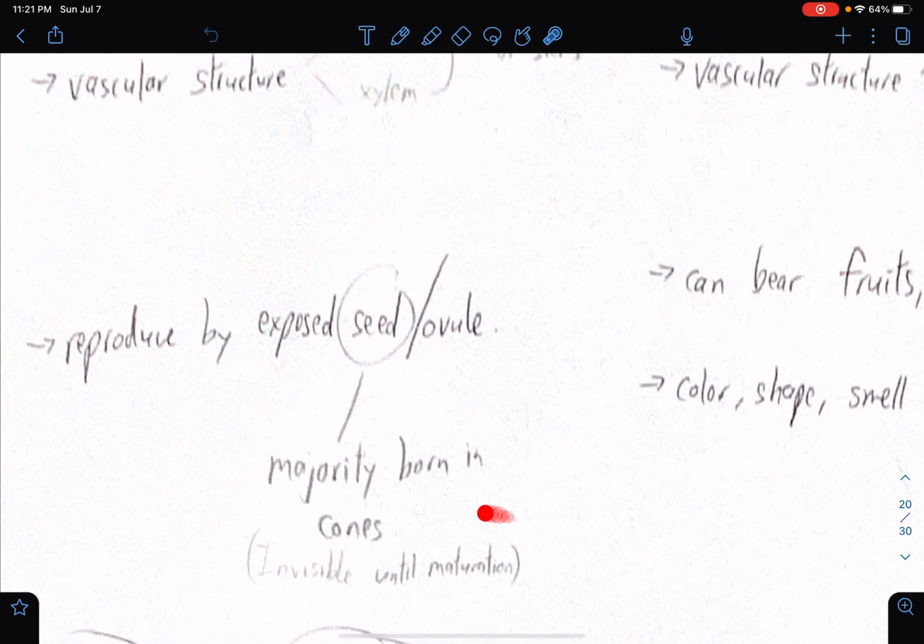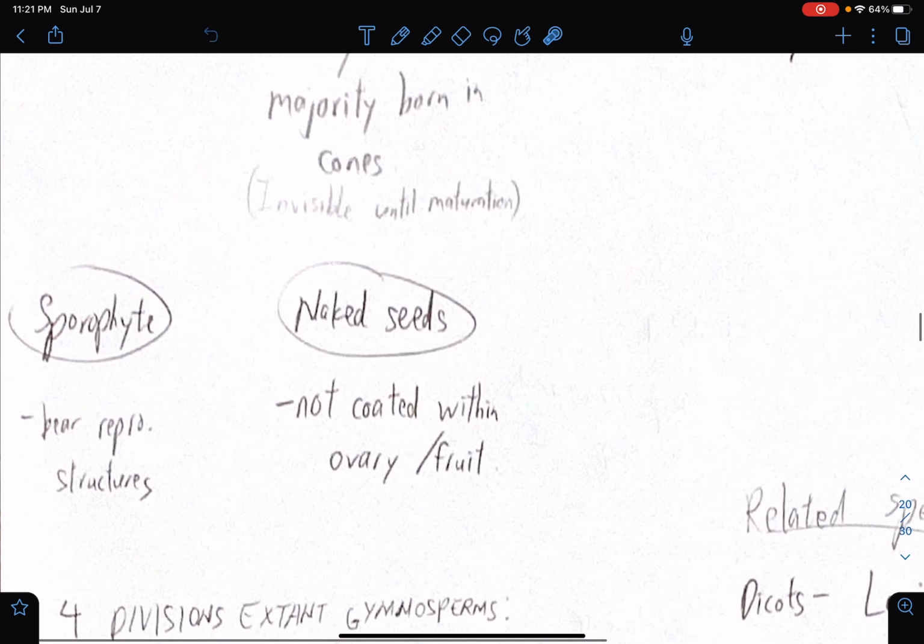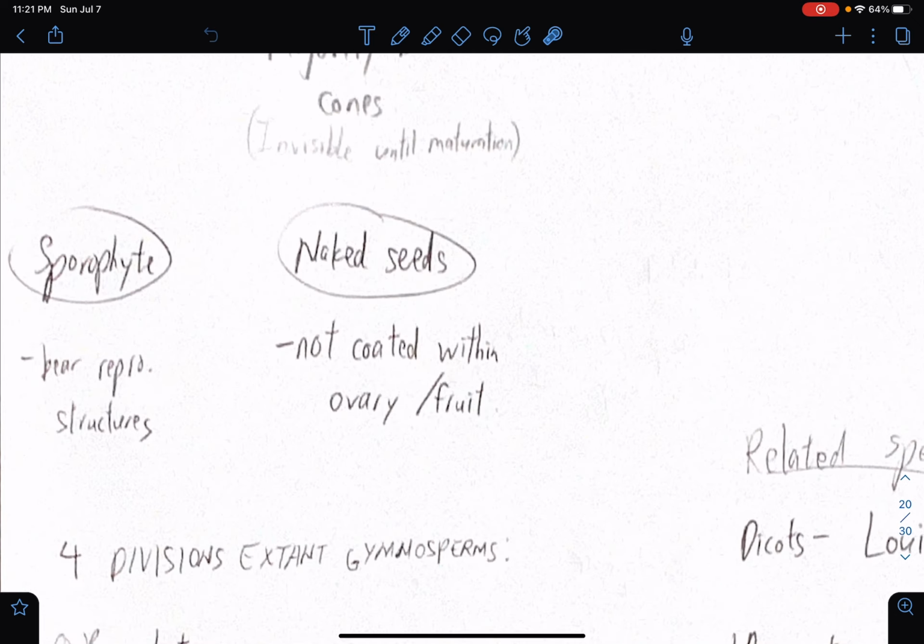These cones are invisible until maturation. So what does a sporophyte mean? It's a part of the gymnosperm where the reproductive structures are created. And the naked seeds are not coated within an ovary or fruit. That's why they're called naked.